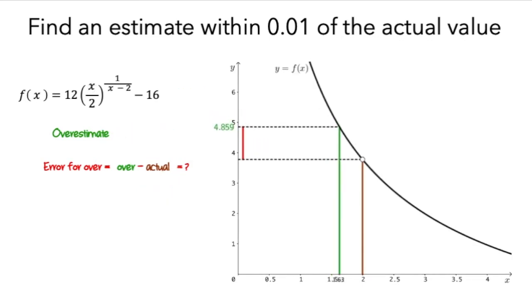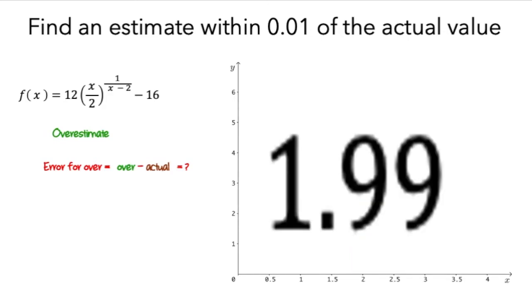Let's move x closer to 2. So now the value of x is 1.99. The overestimate is now f of 1.99. When we evaluate f at 1.99, we get 3.809.